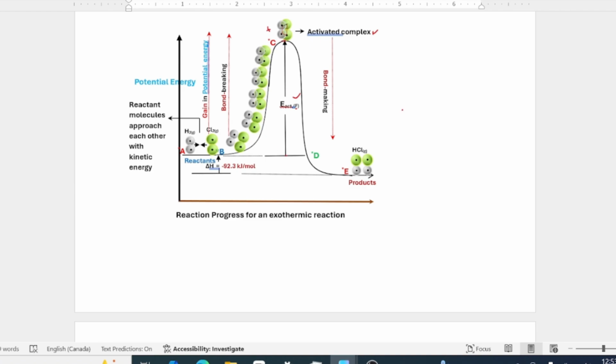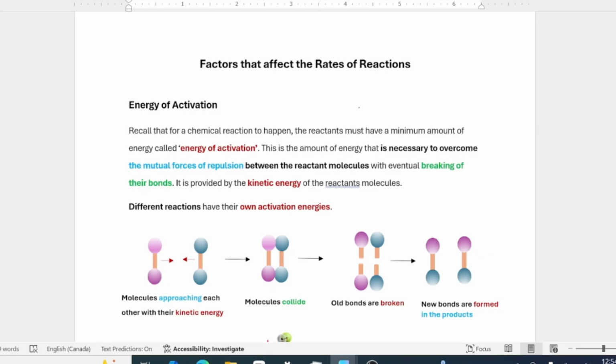And of course, different reactions will have different energies of activation. Some will have very high energy of activation, some will have very low energy of activation. We will use the ball and stick models of two different types of molecules to see if they will react or not, depending on the amount of kinetic energy they possess and their orientations on impact.